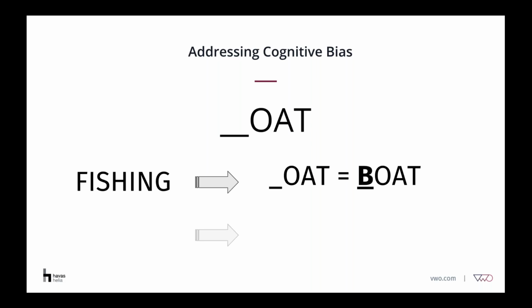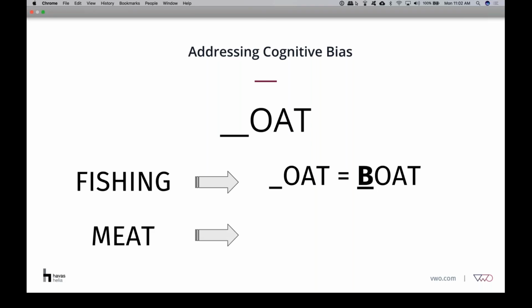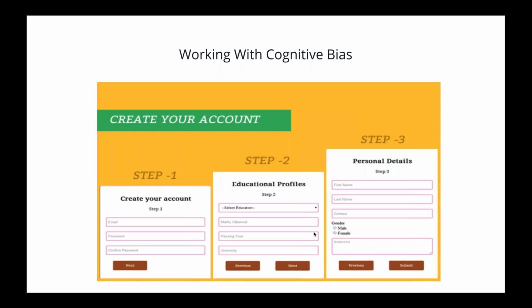Similarly, if I introduce another word, say meat, then there's a good chance that you'll think of this word as goat, because meat is linked with goat.